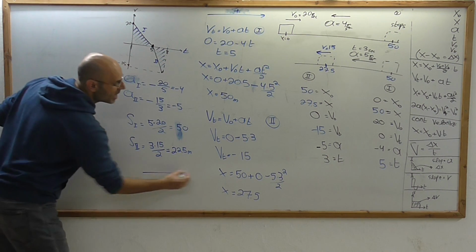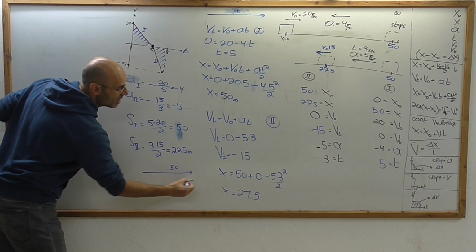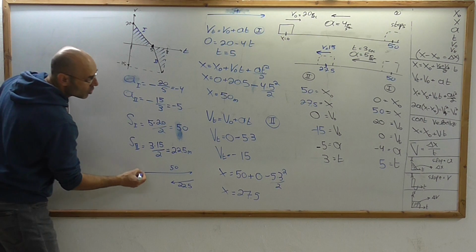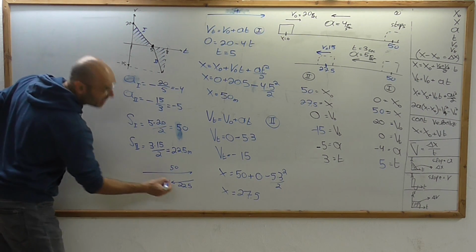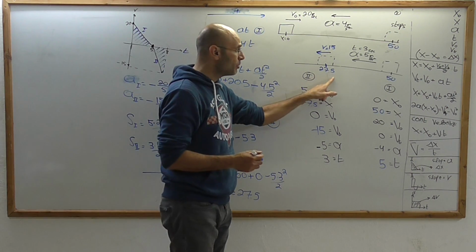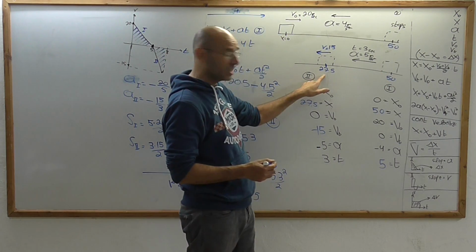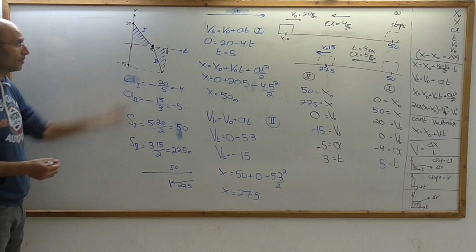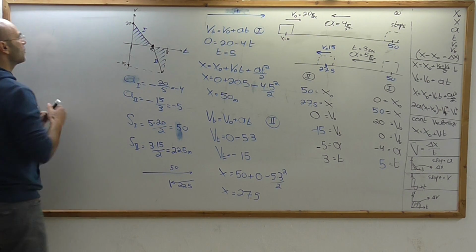So it went 50 meters that way, went back 22.5 meters that way, so exactly it will finish at 27.5. If you cut from 50 to 27.5, it's exactly 22.5. So it's okay.